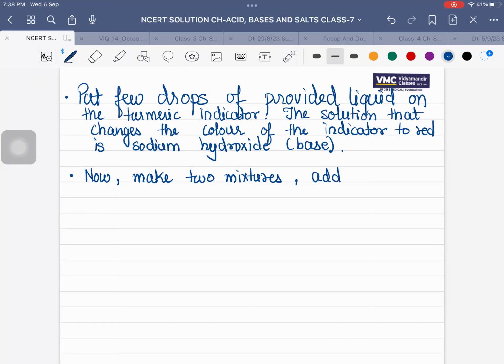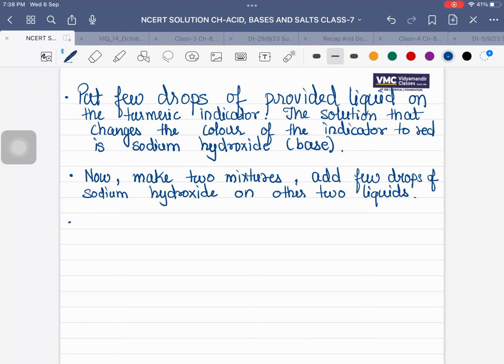Add few drops of sodium hydroxide on other two liquids separately.